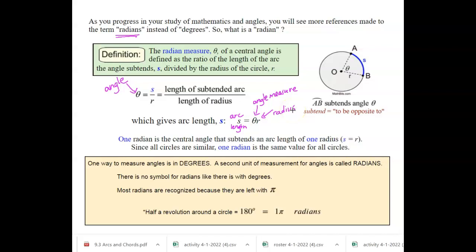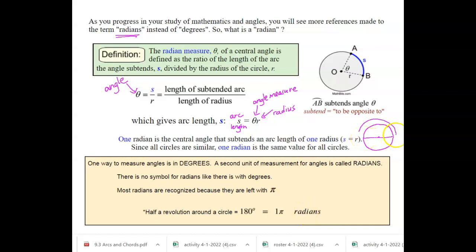Now, just to give you an idea, 1 radian is the central angle that subtends an arc length of 1 radius. Since all circles are similar, 1 radius is the same value for all circles. This is just a brief overview, you'll do a lot more if you take secondary 3, but if I have a circle, 180 degrees is equal to 1 pi radians.